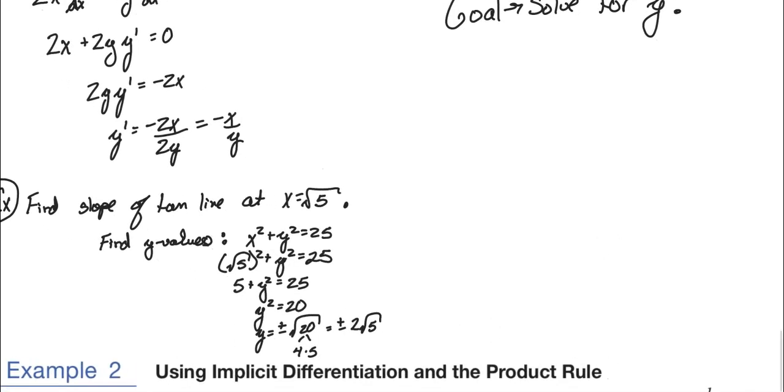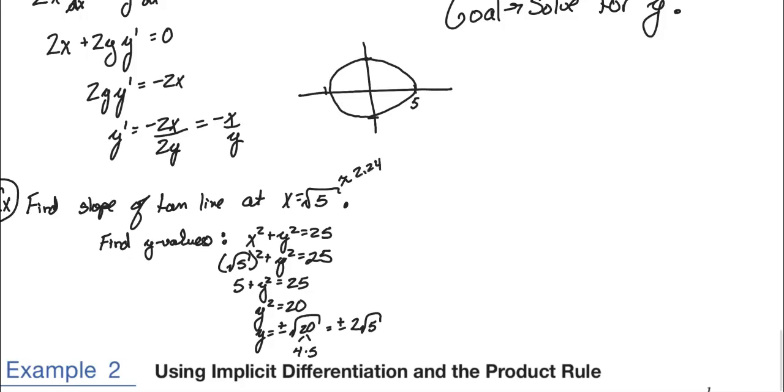So here's what's going on with this problem. We have the circle x squared plus y squared equals 25, which is centered at 0, 0 with a radius of 5. Square root of 5, if we were to get a decimal approximation for that, is about 2.24.